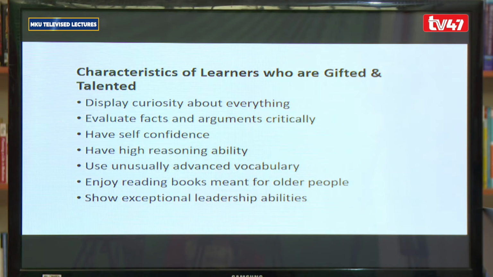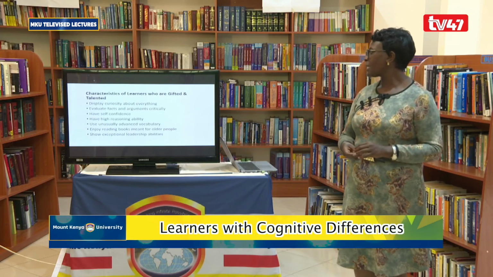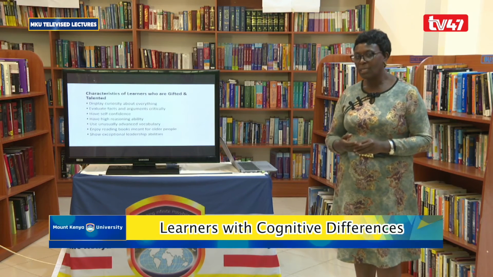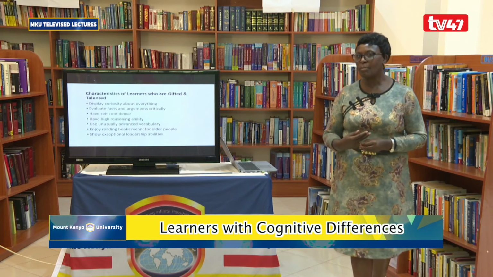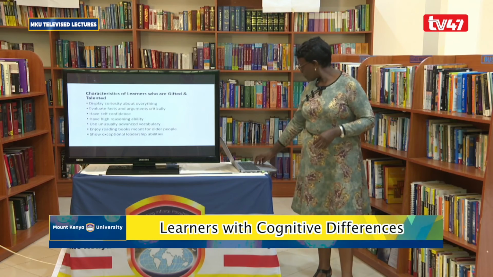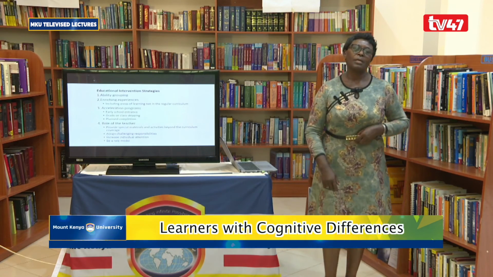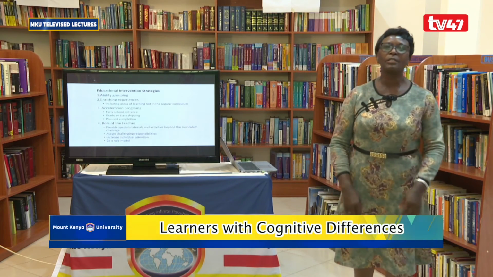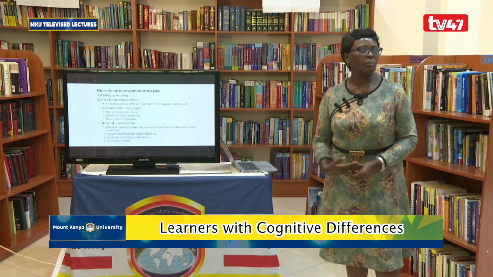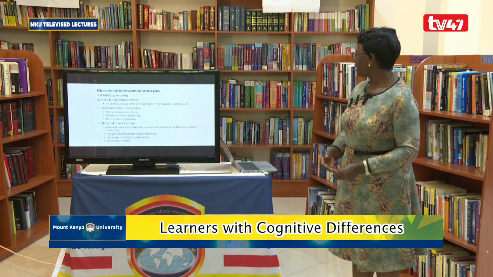Their vocabulary is really advanced, maybe because they love reading books, and they read books meant for older people than them. And then they tend, not all, but a number of them may have exceptional leadership abilities. You'll find them always at the front, leading in groups. Sometimes they are said to be the ones who organize strikes in school because they're very good at being leaders.